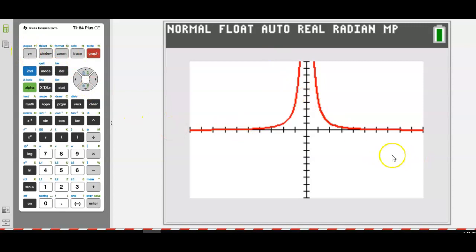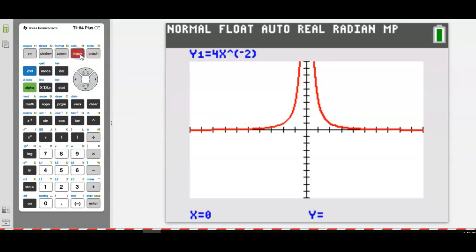So it was blue and then it went over the top with the red. Now, what I wanted to show you, the reason I graphed this one at all and left it, was as I trace here to the right, some of you are going to think that this touches the x-axis.